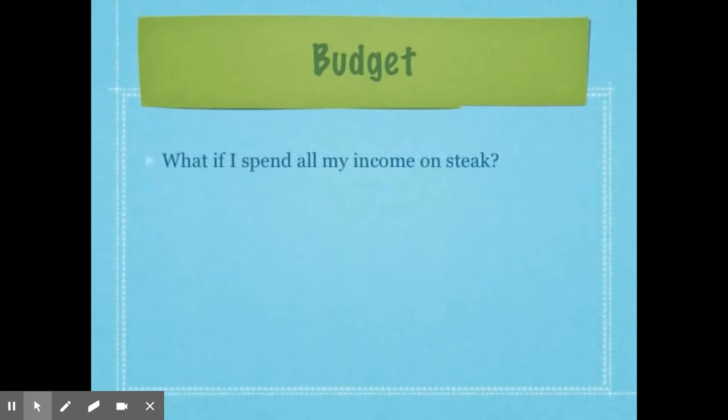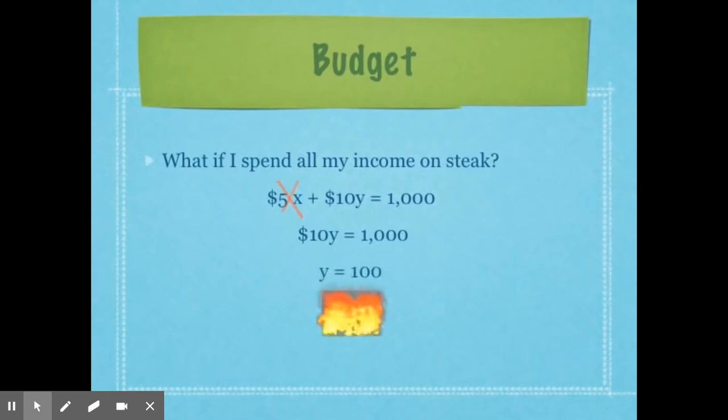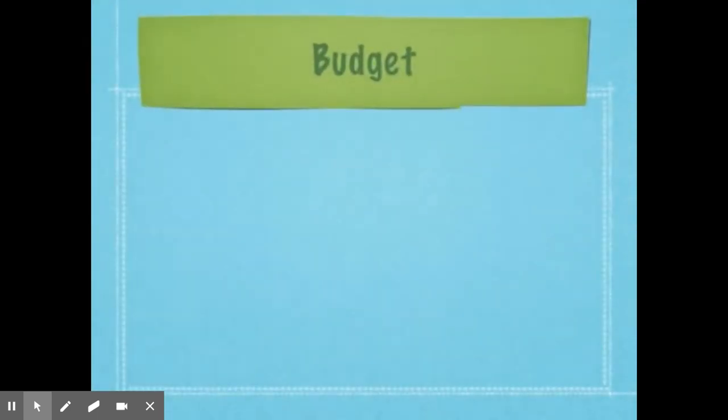What if I spend all my income on steak? Then I cross out that amount, and I have $10 times the amount of steak, which just means I can consume 100 pounds of steak. On the other hand, what if I spend all my income on potatoes?